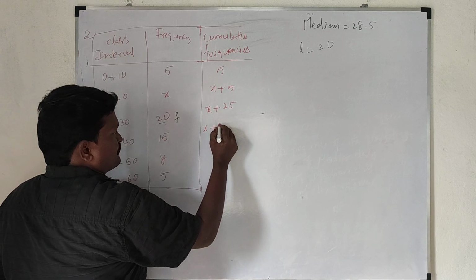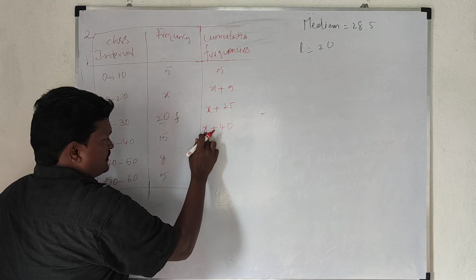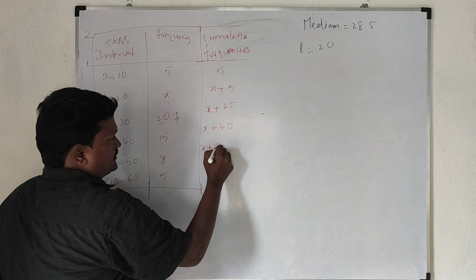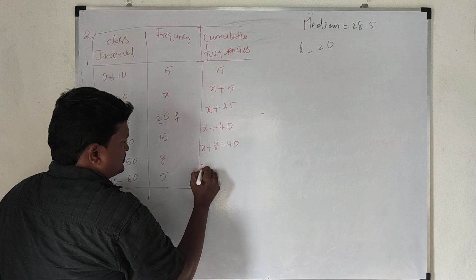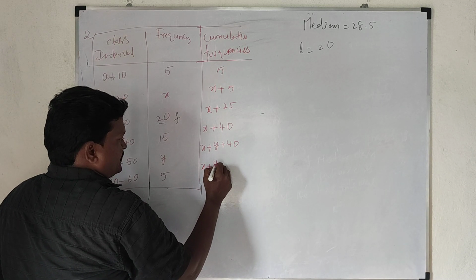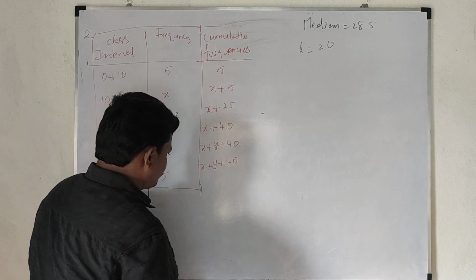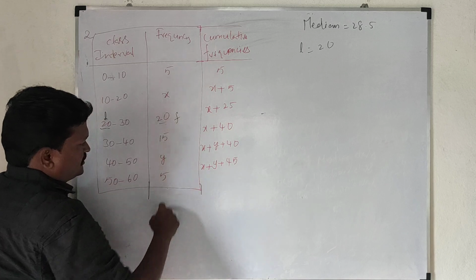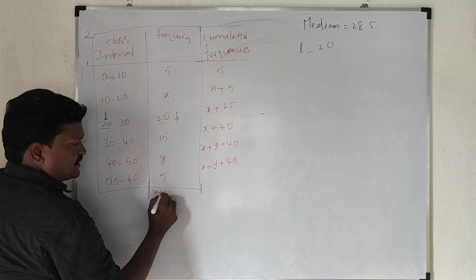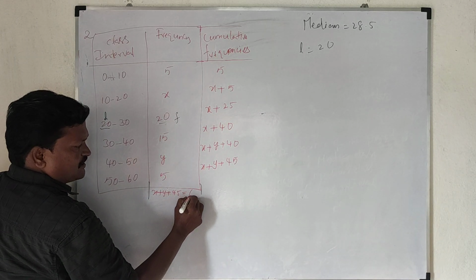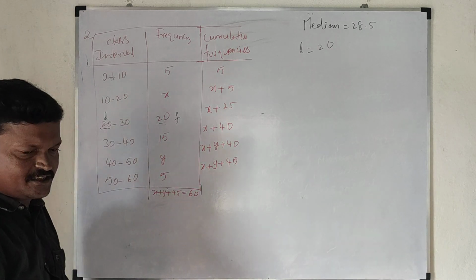Plus 15 is x plus 40. Then x plus y plus 40, plus 5 is x plus y plus 45. What is the total? x plus y plus 45, which is already given as 60.